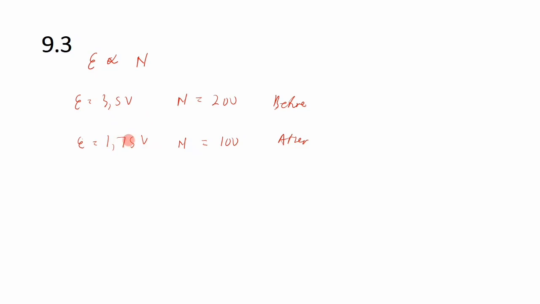So to answer that, by what factor will the EMF decrease? We say it will decrease by a scale factor of half, right? So a scale factor of 1/2. The reason being what? We know that the EMF is directly proportional to the number of turns, right?